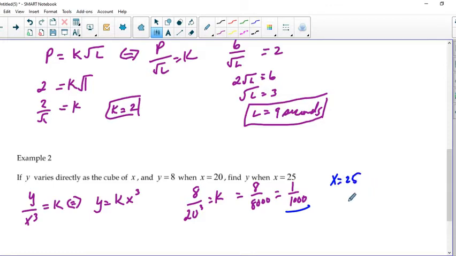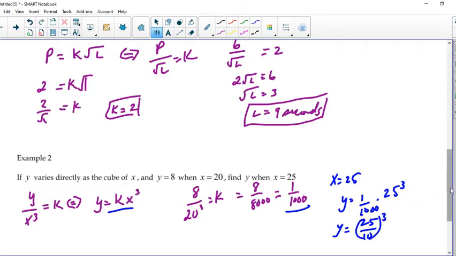Okay, so I can use either equation. I'm going to use y equals k times x cubed, because I'm solving for y: 1 over 1,000 times 25 cubed. So I'm using that version of the equation. I'm going to rewrite this as 25 over 10 cubed.